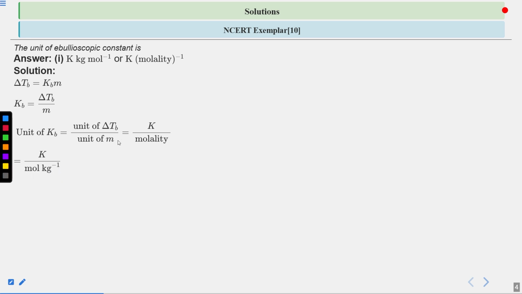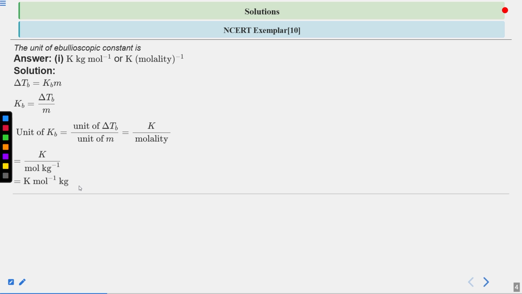So the molality unit will be mole per kg or mole kg inverse, and you can write this unit where molality is written. You can also write it as Kelvin mole inverse kg, right? If you take this mole in the numerator, the minus 1 in the power will be there, and the kg minus 1, when it goes in the numerator, gets removed, and it will become kg.